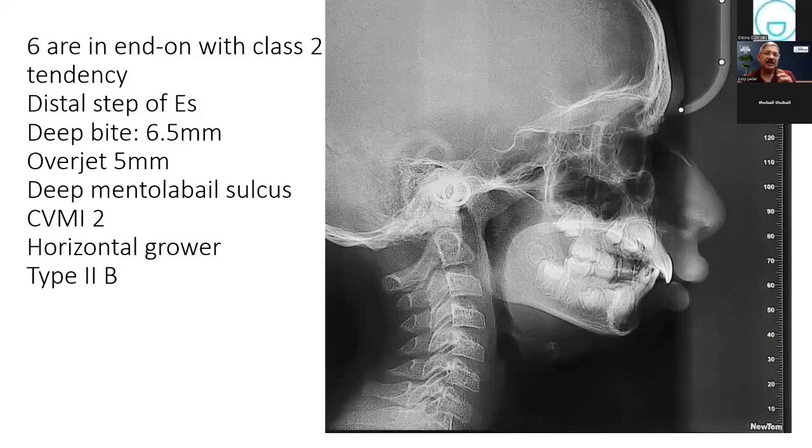Remember, with twin block, it gets interdigitated, it's not good, the mandible cannot come forward. The Es are in a distal step relation with a deep bite and overjet, with a deep mentolabial sulcus. CVMI 2 acceleration stage, we have 6 to 7 months time to develop or to unlock it. And a horizontal grower, that is also good for us, and type 2B skeletal pattern, that is also good for us. All factors are favoring us.